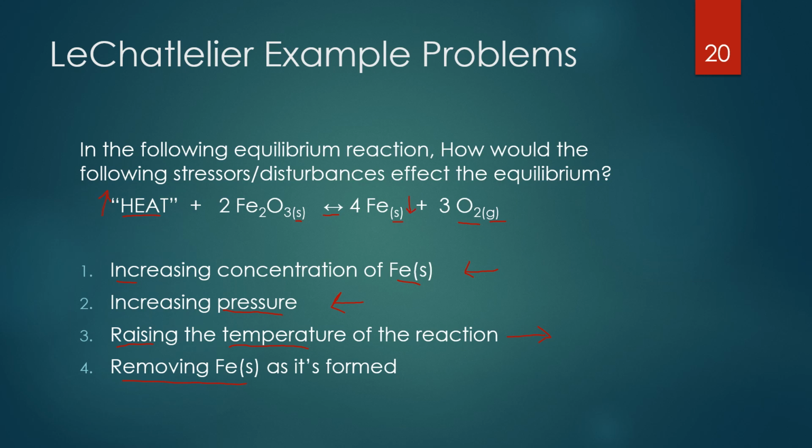Decreasing or removing that iron, I just took something from the reaction and disturbed its equilibrium. It's going to try to put things back to how it was. Since I took something, it's going to move towards what I took to make more of it. Since iron's on the product side, it's going to move toward products to replace that iron that I took.